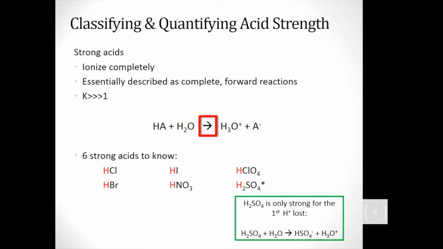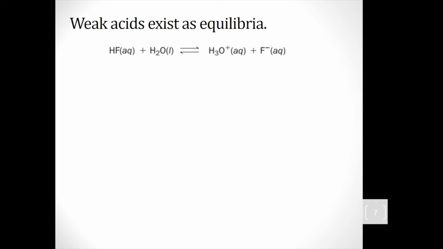These are all of the strong acids. So the reason that this is important will show up when we do calculations, but right now it's just that set of 6 or 7 strong acids. That's it. If it's not one of those, then it's a weak acid. And weak acids exist as equilibria. So those equilibrium arrows are showing up because the acid was a weak acid, which just means that it doesn't dissociate completely.